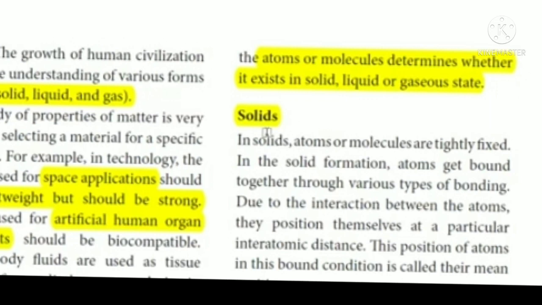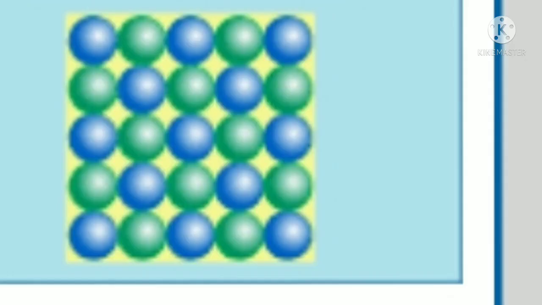This position of atoms in the bonded condition is called their mean position. Here in this picture you can see how the atoms and molecules in solids are closely packed. So the interatomic distance is very small, because each and every atom is closely packed together.